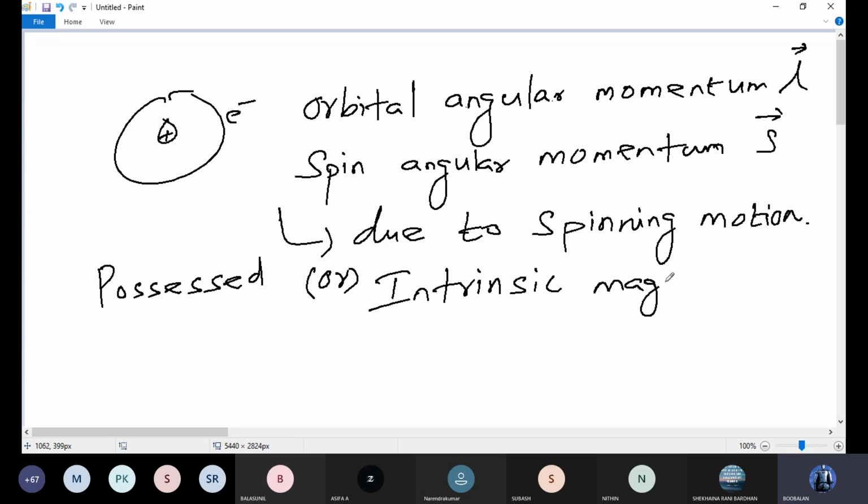Sir, after spinning motion? After spinning motion it is called, that's all, ma'am. Spinning motion is called spinning magnetic moment, instantaneous magnetic moment.